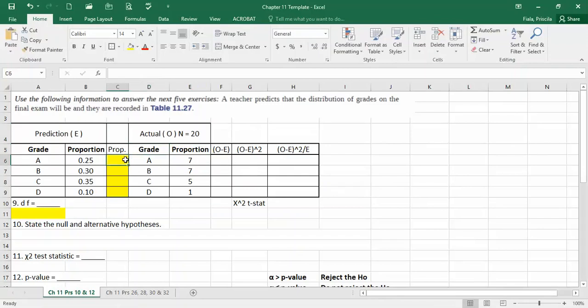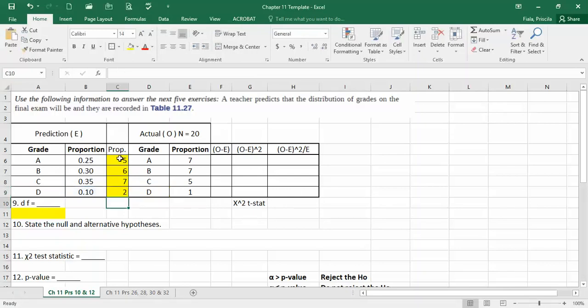If this is the percentage, we can do 20 students times 25%, which is 5 students. Then for the rest, 20 students times 30%, the same as 6. And then 20 students times 35%, and 20 students times 10%.